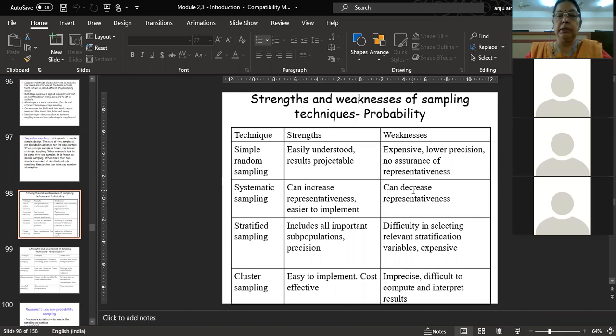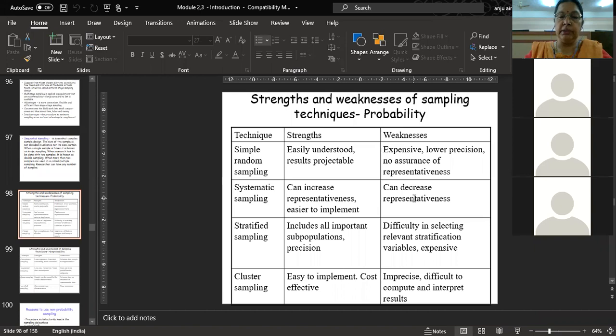And the weakness is sometimes when you are taking the sample from the population, you may not consider all the characteristics of the population. It can be a sampling error. Some characteristics of the population you may not include in your sample. That can be a weakness of systematic sampling technique.